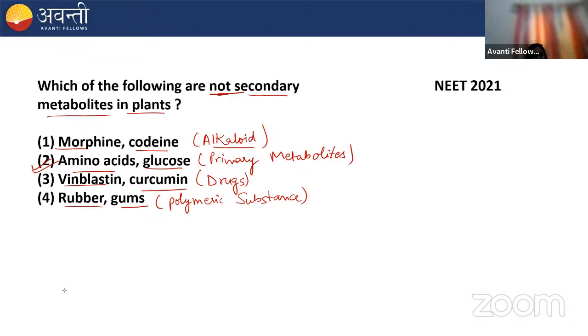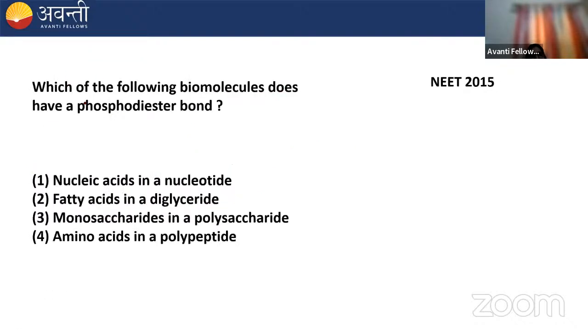So moving to the next one. Which of the following biomolecules has a phosphodiester bond? Very easy question. Number 1 says nucleic acid in a nucleotide. Option 2 says fatty acid in a diglyceride. Option 3 says monosaccharides in a polysaccharide. Option 4 says amino acid in a polypeptide.